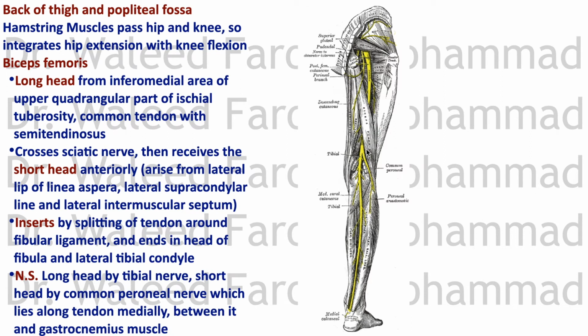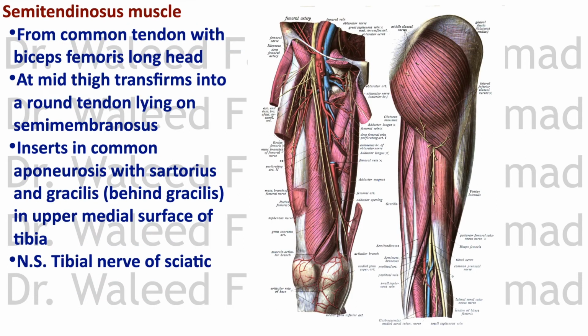So both are the sciatic, but you must mention the components. The long head by the tibial nerve and the short head by the common peroneal nerve, which lies along the tendon of the biceps femoris muscle.